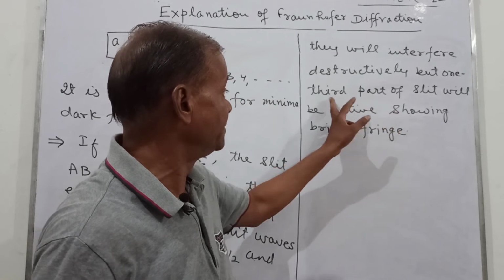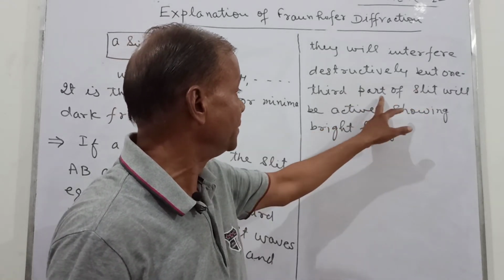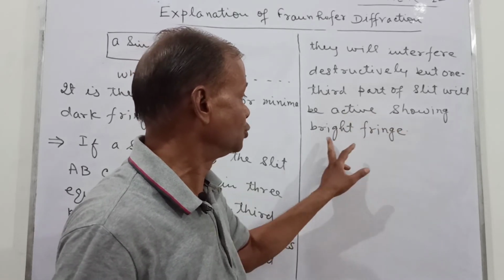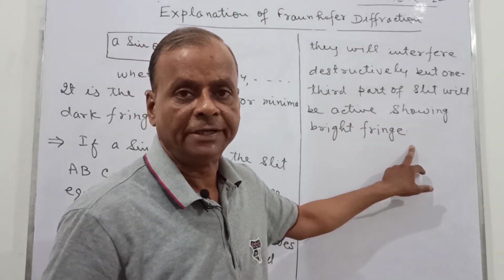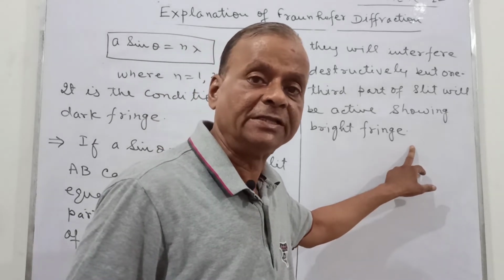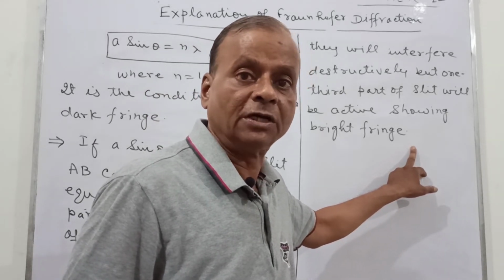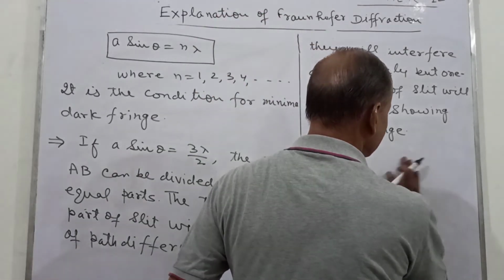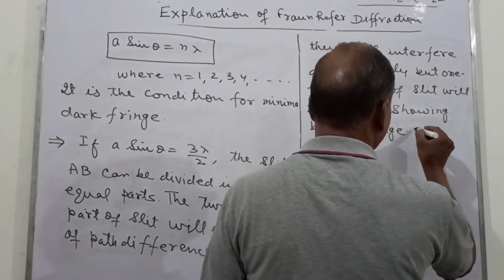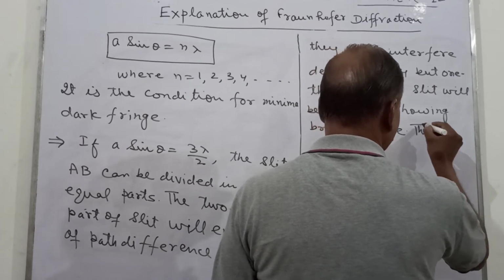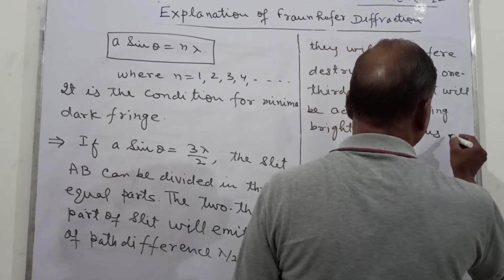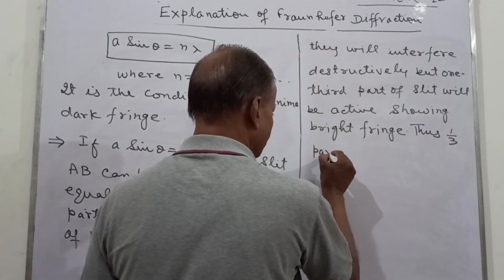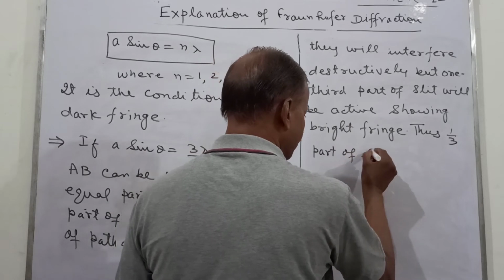So the one-third part of the slit will be active, showing the bright fringe.